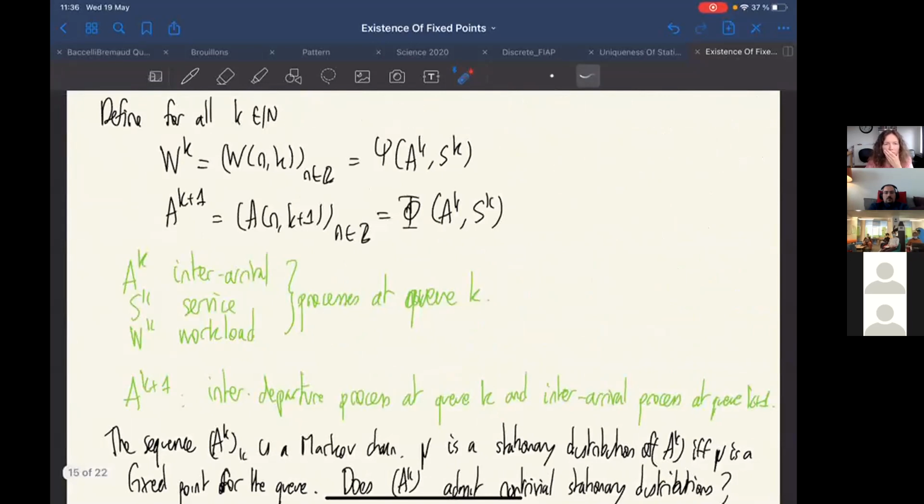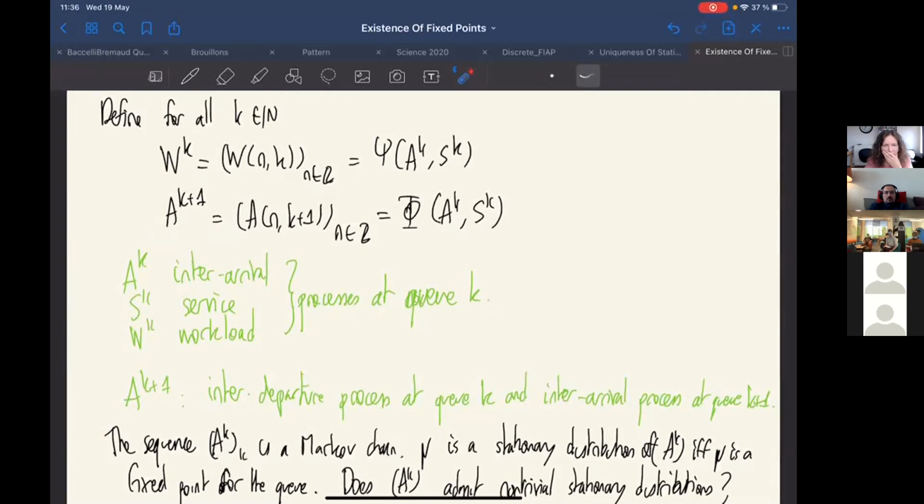Now for the tandem, we define the workloads for all the Qs, and we define the interarrival processes at the Qs. So A_K is the interarrival process at Q_K, S_K is the service process, and W_K is the workload process.